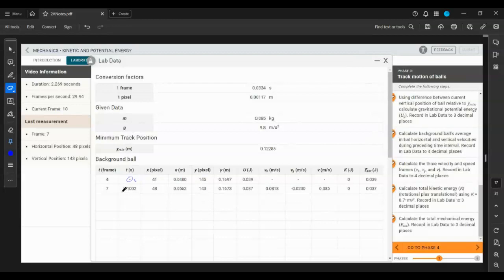And so our elapsed time here, where this number right here comes from, is 7 minus 4 is 3. So, sorry, 3 frames. And then that's going to multiply by our conversion, where 1 frame is 0.0334 seconds.